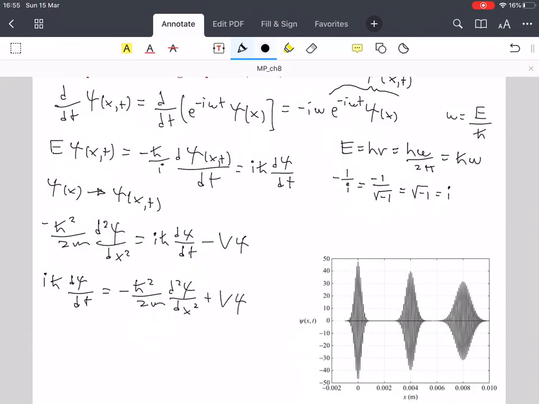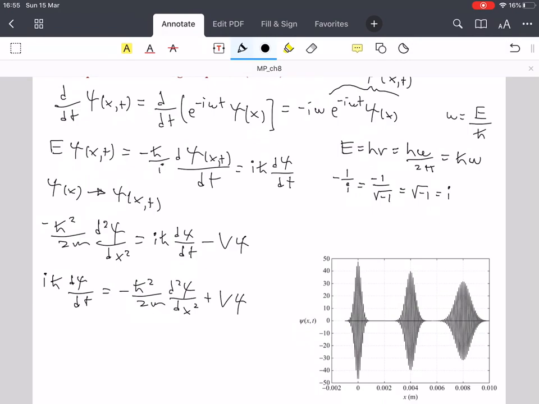Notice that the signs are okay because I basically moved the V. If you move the V over there and then you flip the equation around, the signs make sense. Okay, so that's it.